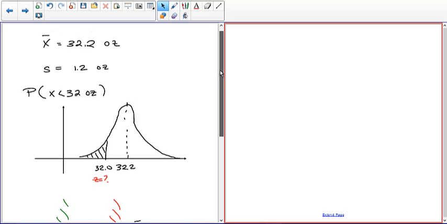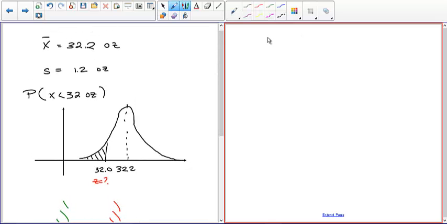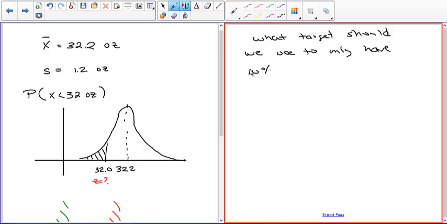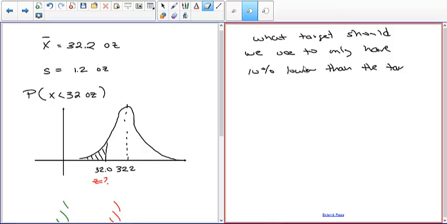So if we worked with the same problem, but we said, what target should we use to only have 10% lower than the advertised, lower than 32 ounces. We'll just put 32 ounces.